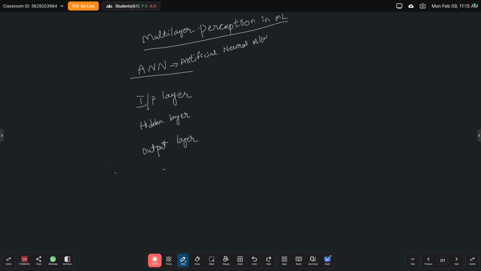The main mechanism of this multi-layer perceptron is forward propagation and backward propagation. In this input layer, we have input data.